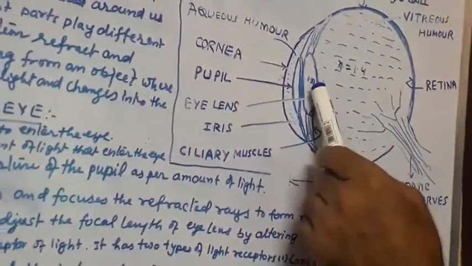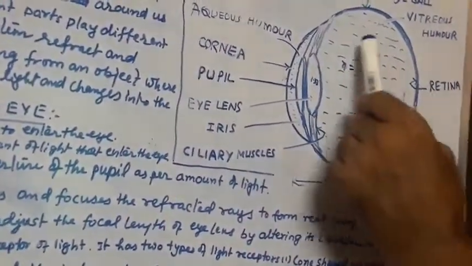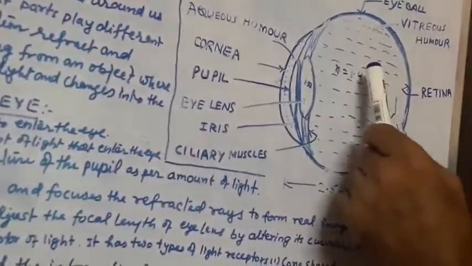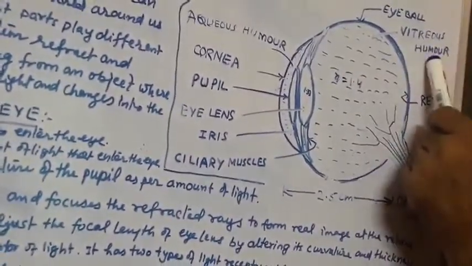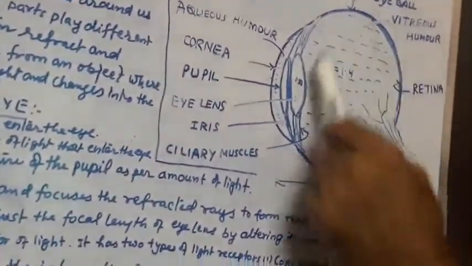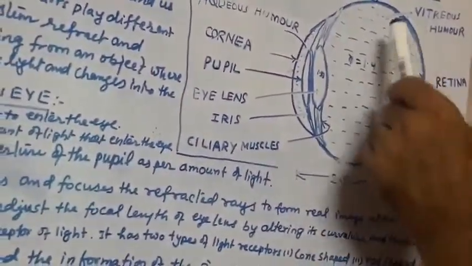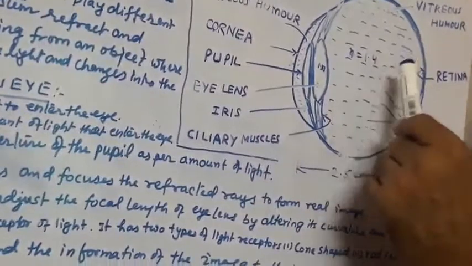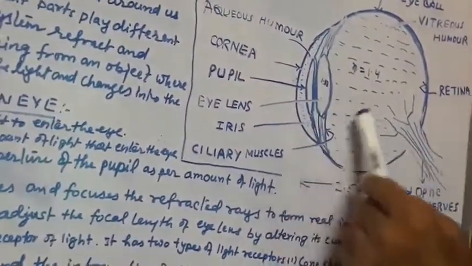In between the eye lens and retina, there is again a fluid which is called vitreous humor. The vitreous humor provides the shape of the eye and also helps to protect these parts.